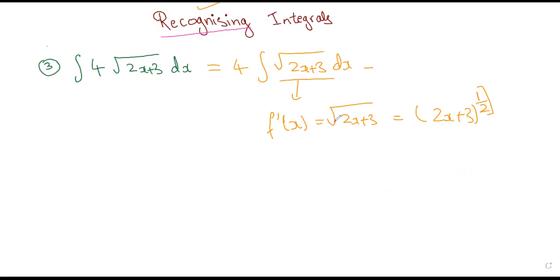Right. Okay. So we were guessing f of x, and we said that f of x would have 2x plus 3, and the power would be 3 by 2. Very good. And we don't have a 2 here, so there must have been a 2 over here, right?